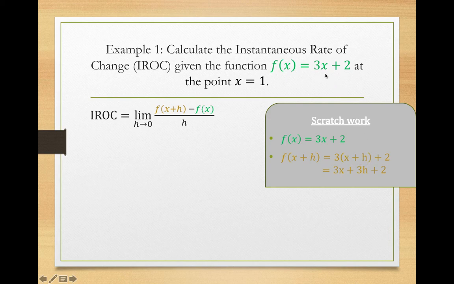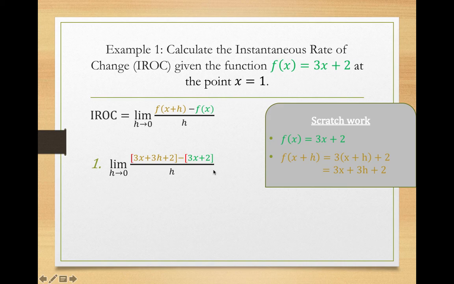In parentheses is what we plugged in. After you plug in, we distributed the 3 into the x and into the h like so. So this is what f of x is, and this is what f of x plus h is. Now that we have our scratch work ready, we're going to substitute what these are in our next step.